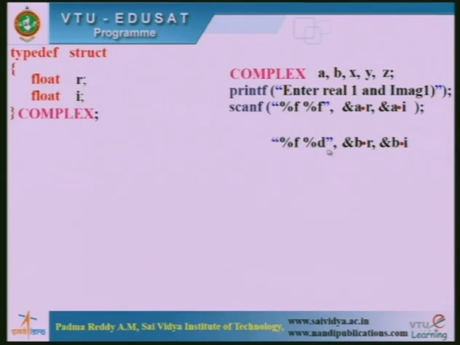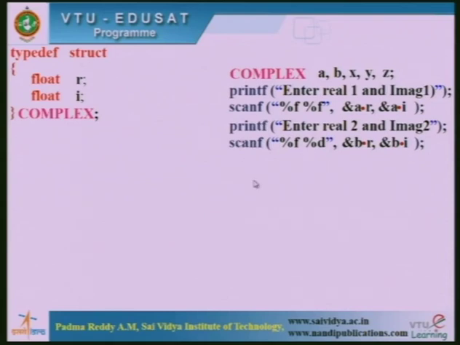There is a mistake here, it is not percentage d, it has to be percentage f. The function I should use is scanf. Normally before scanf we write a printf, so here I write printf. Here we read the first complex number and here we read the second complex number.